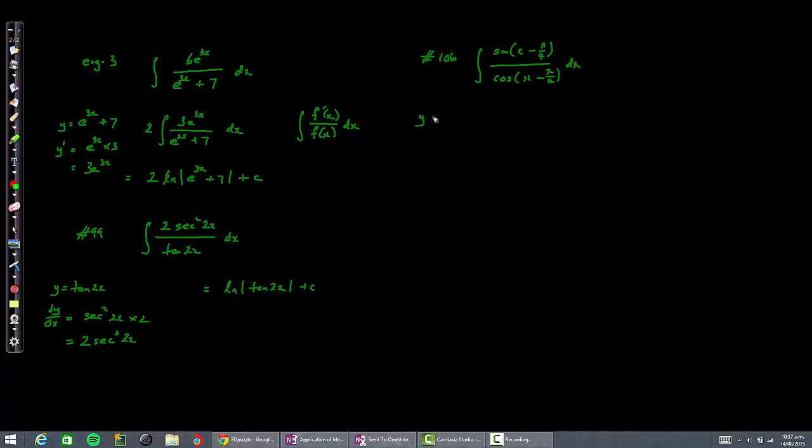If we derive that bottom function, the derivative of cosine is negative sine, so it's negative sine of x minus pi over 4. By the chain rule, times the derivative of what's inside, which is simply 1. So we've got a negative here.